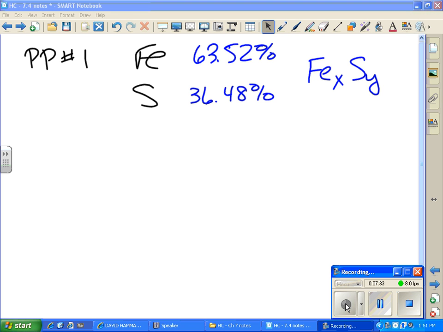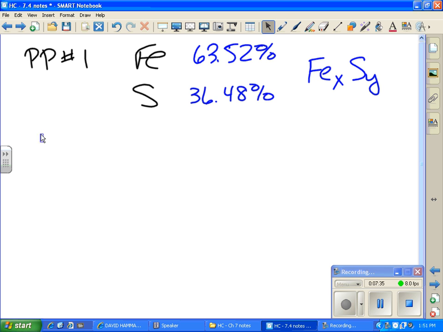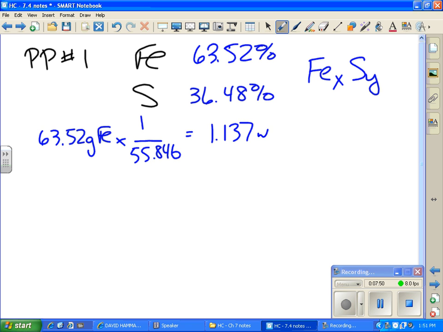All right, so going through this calculation, again, our percents just change to grams, and we should be on our way. 63.52 grams of iron times 1 over its molar mass of 55.846 gives us 1.137 moles of iron.